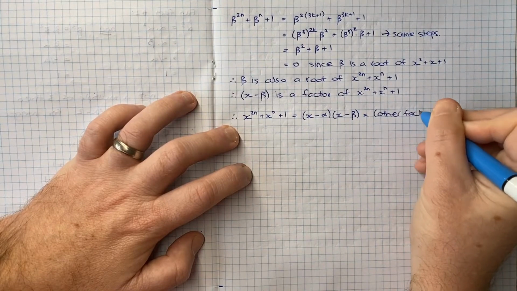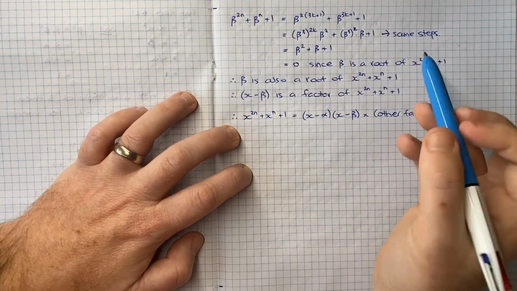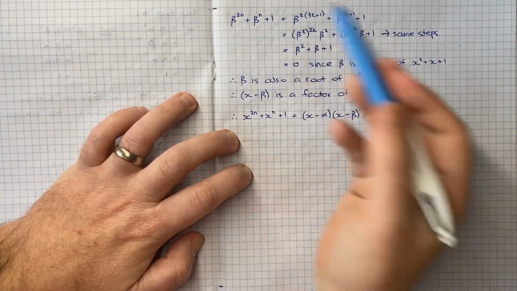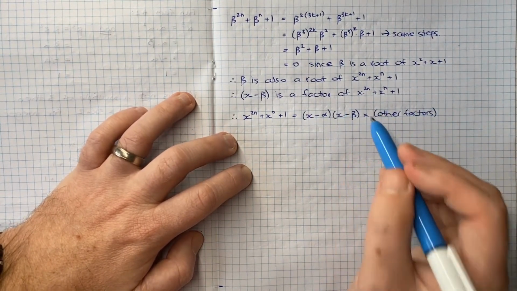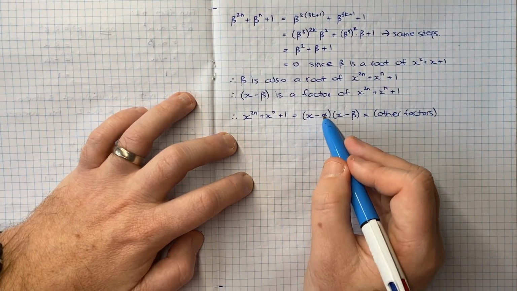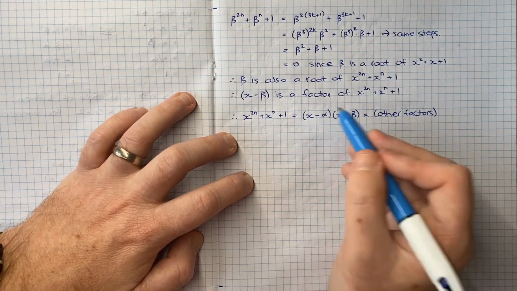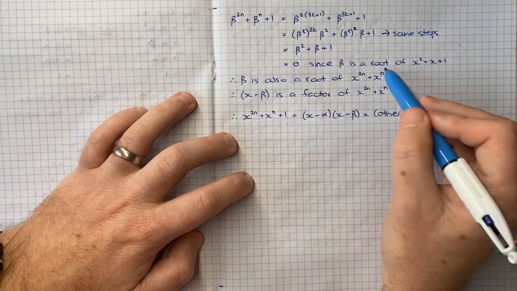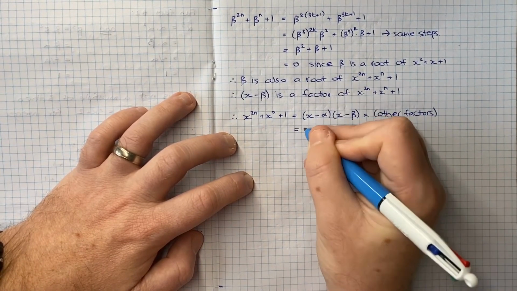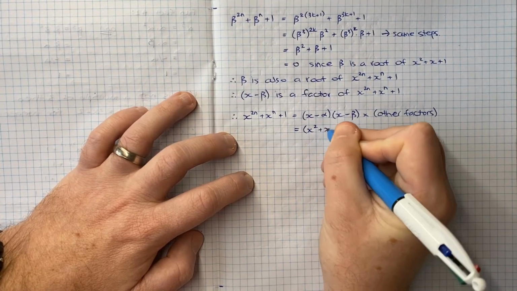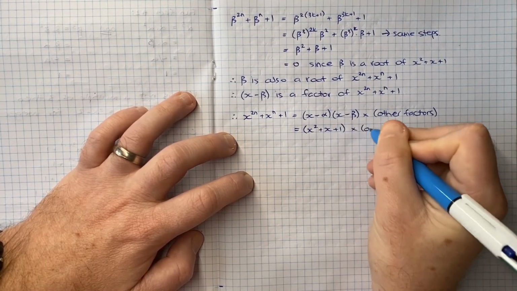We can't really work them out without knowing specifically k and therefore n, but we know that there could be other factors. But all we really care about is the fact x minus alpha times x minus beta. Since alpha and beta are those two roots of x squared plus x plus 1, we know that that would expand to being x squared plus x plus 1 times these other factors.